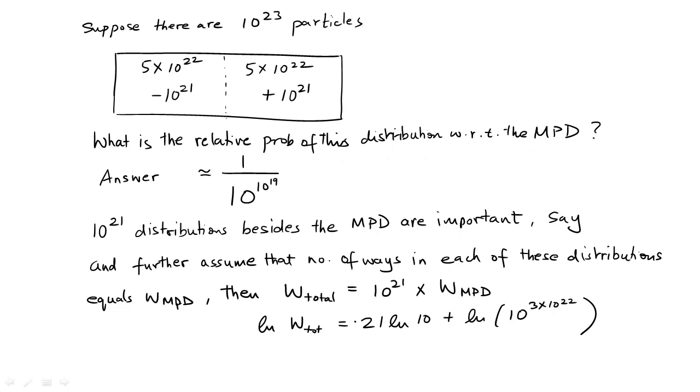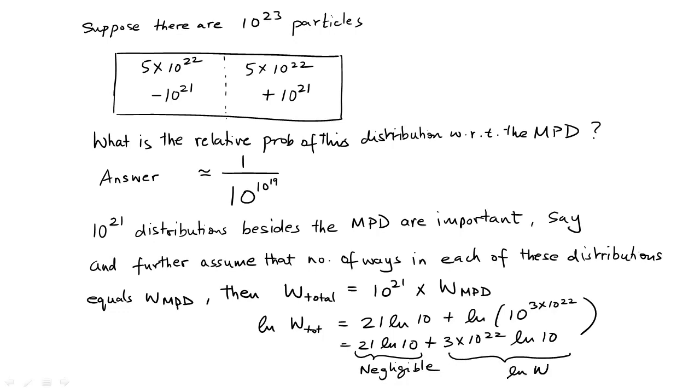And you can see that this is 21 ln 10 plus 3 times 10 to the 22 ln 10. Clearly, this term 21 ln 10 is negligible. And this term is simply the ln of the most probable distribution.